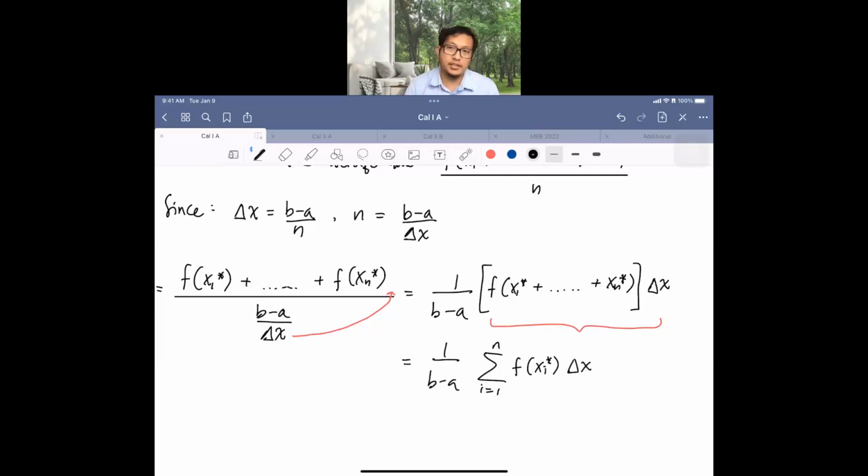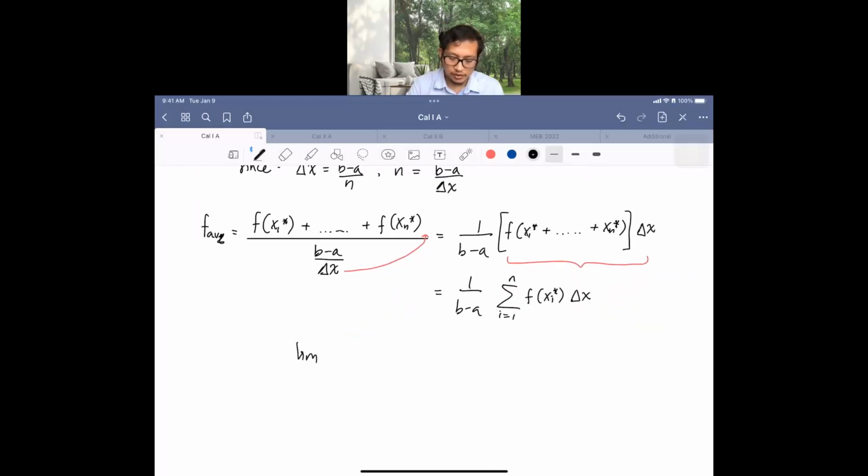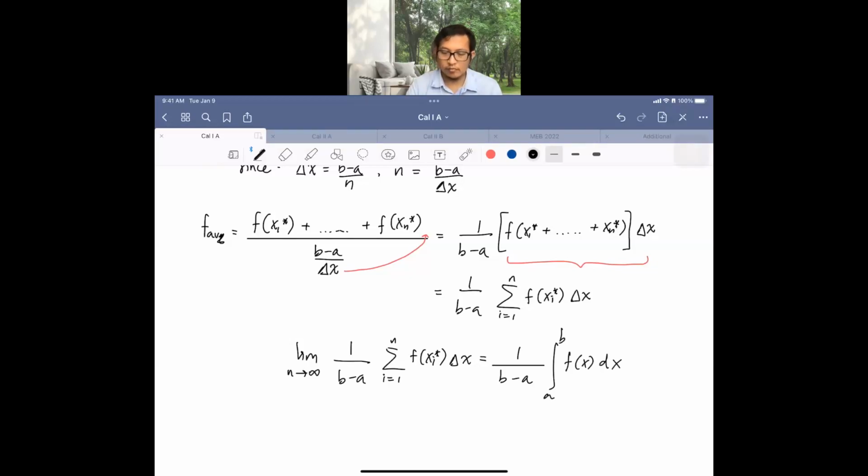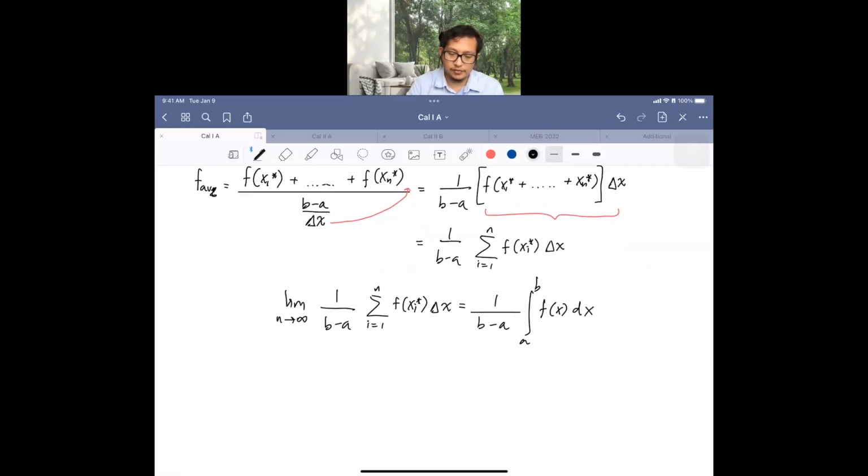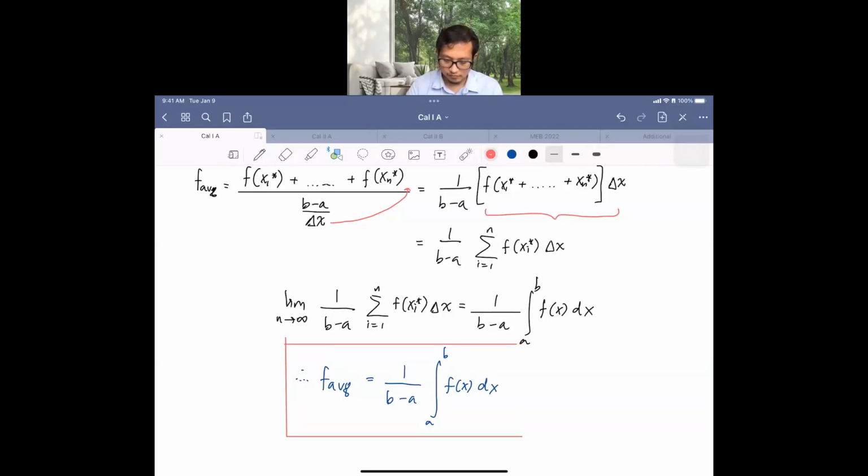And by using the limit definition, we write the limit as n approaches infinity of this summation, which is equal to the integral, and this is the definition of the average value. That's the average value.